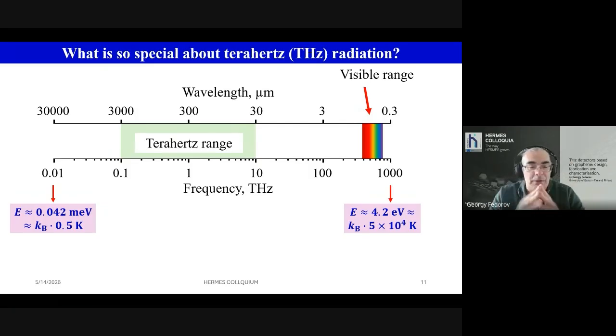I think it's peta, but whatever. So temperatures corresponding to this range go from 0.5 Kelvin to 50,000. So the visible range corresponds to very high temperatures, actually several times larger than the temperature of the sun's surface. So room temperature on this scale corresponds to the upper boundary of the terahertz range.